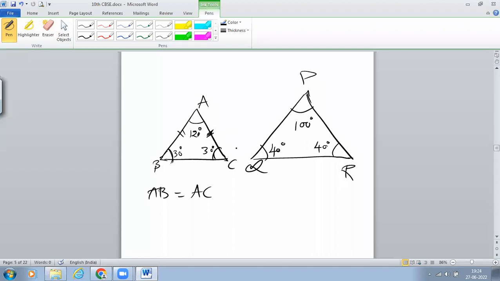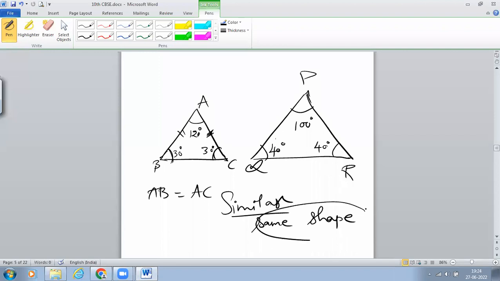Now see here. The definition for similar is that it should have the same shape. Same shape, but the size can be different.